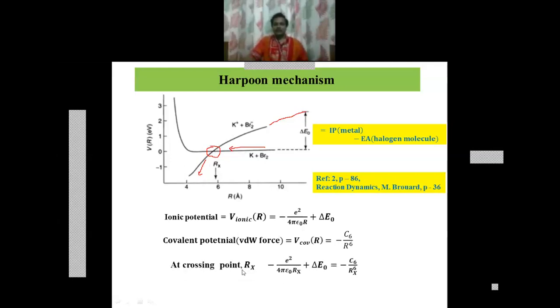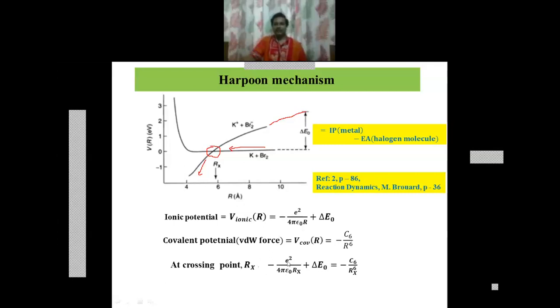So, that is the relation we are going to use to find out the reaction cross section. That means at Rx, the maximum distance, the electron is going to transfer; beyond that there is no electron transfer, right.